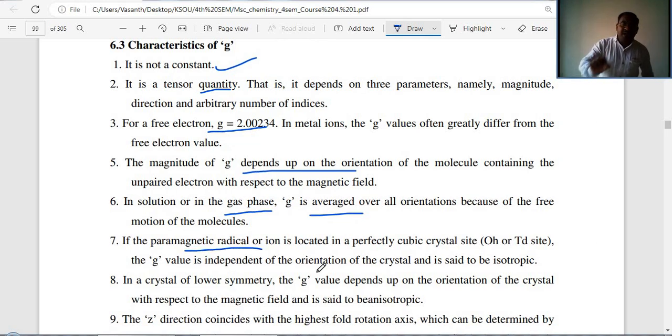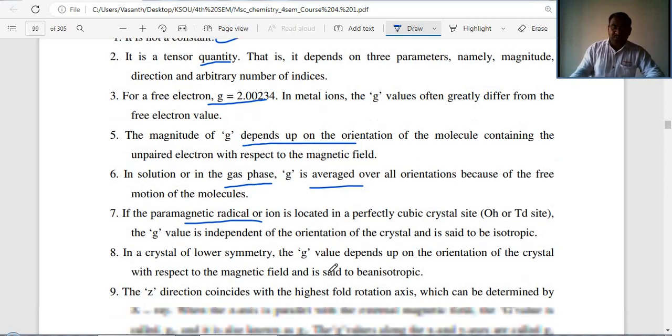If the paramagnetic radical or ion is located in a perfectly cubic crystal site, the g value is independent of orientation of the crystal and is said to be isotropic.